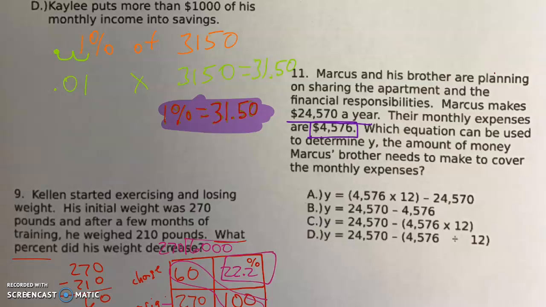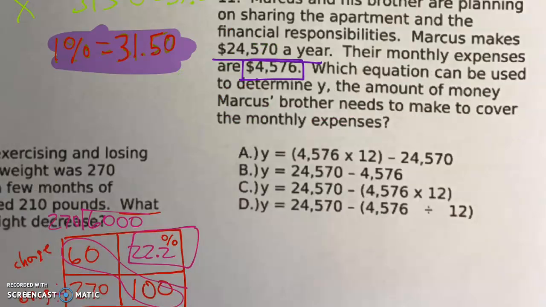All right. So first off, the monthly expense for this apartment is going to be $4,576, right? Okay. That's for a month. So how can we find out how much it would be for a year? To find out for a year, you would just multiply 4,576 times 12 because there's 12 months in a year, right?